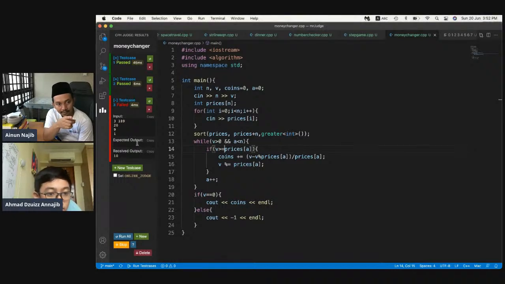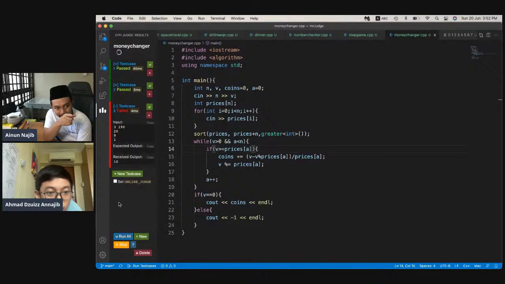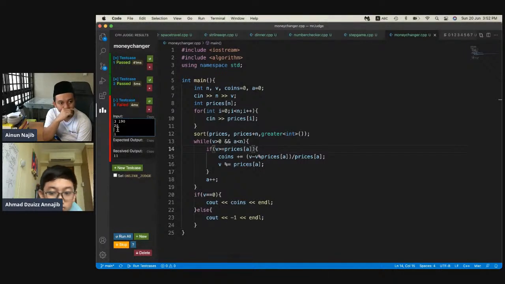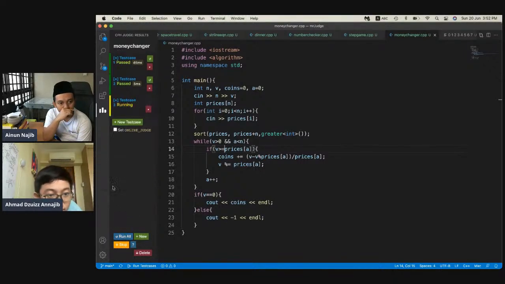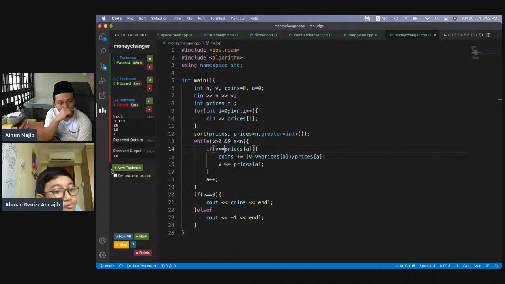Okay, 189 change to 190, and then 9 change to 10. Try. You get 10. Okay. Is that not correct?